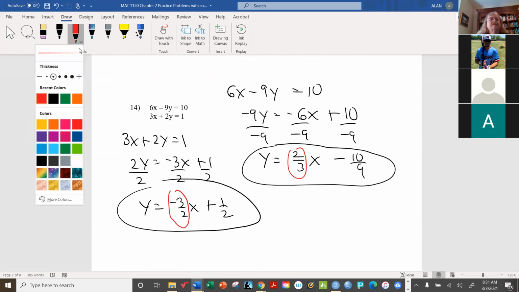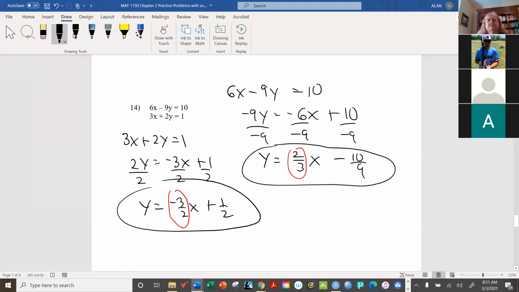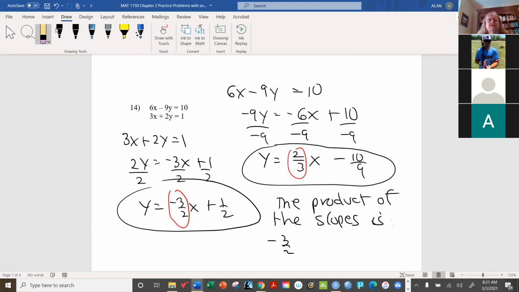Let's look at it. -3/2 times 2/3, which is -6/6.